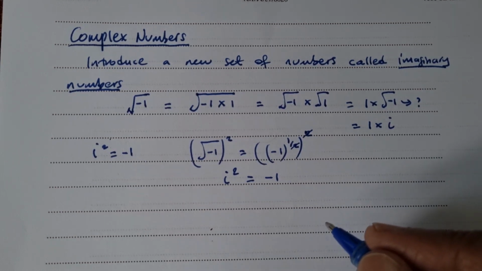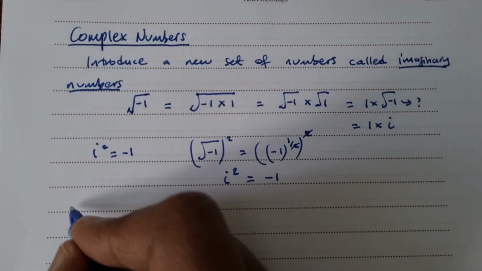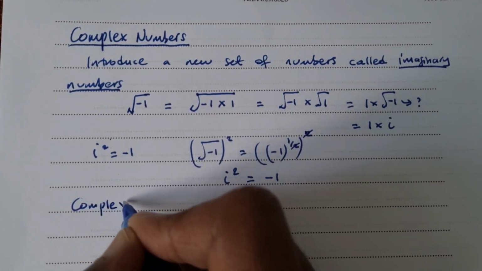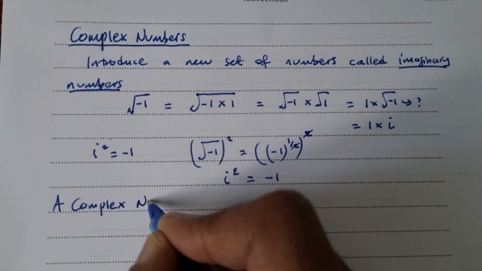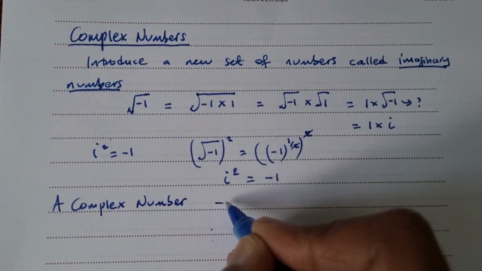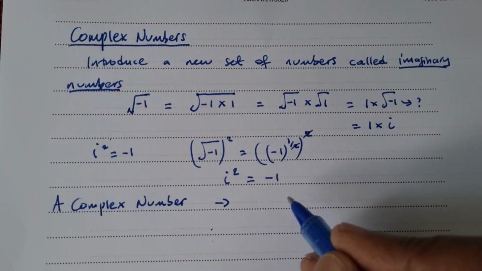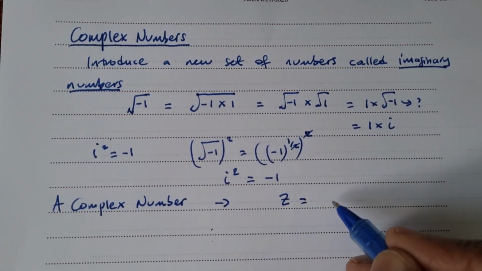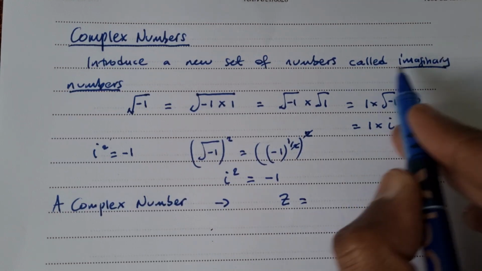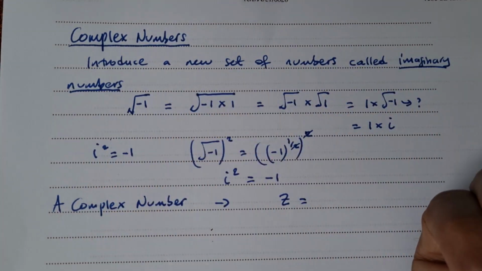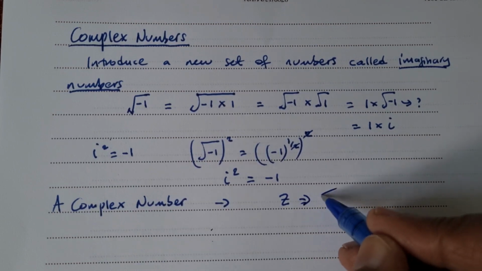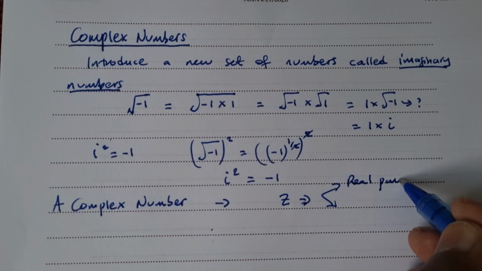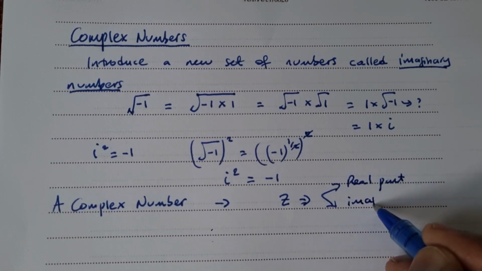And also, let's talk about a complex number. What does that entail? It entails that the number could be z, and that it has what we call an imaginary part as well as a real part. Now z will have two parts, a real part and also an imaginary part.